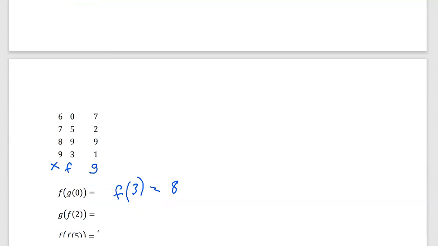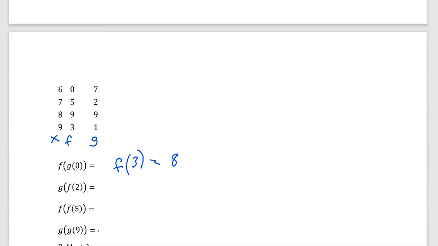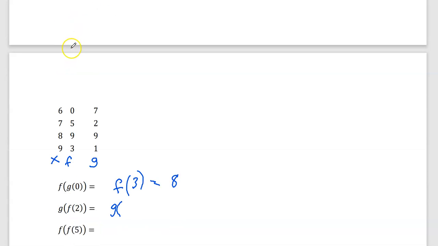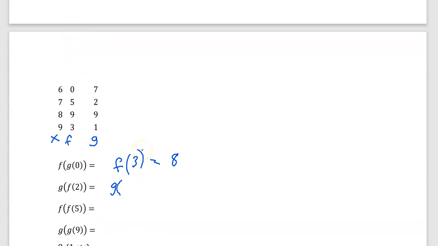g of f of 2. Well, that becomes g of, let's see, what's f of 2? f of 2 is 6. So that becomes g of 6, which is 7. f of f of 5, a little tricky there.